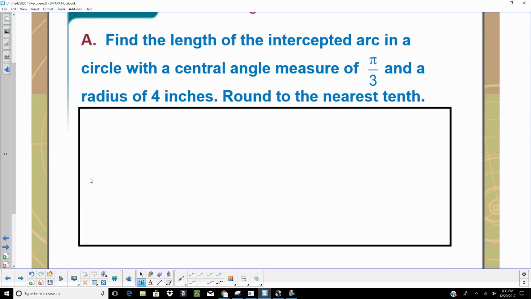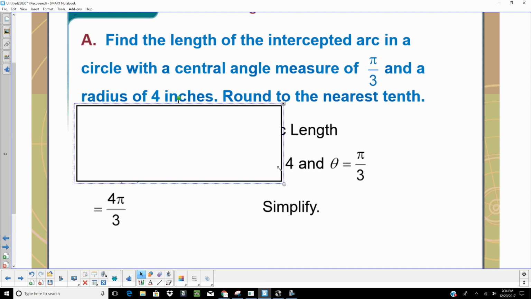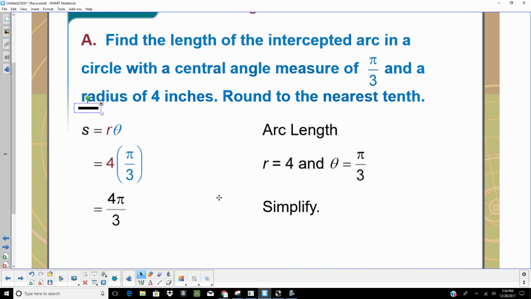So let's go ahead and just do a really simple one. We want to find the length of the intercepted arc in a circle with a central measure of pi over 3, so they're giving us theta, and a radius of 4. And they're telling us to round. So we write down our formula, and we get S equals R times theta.